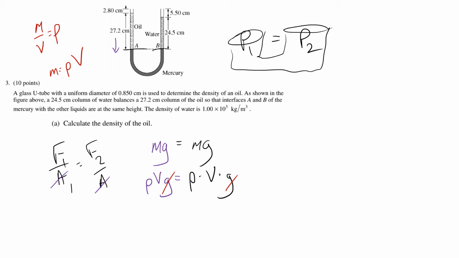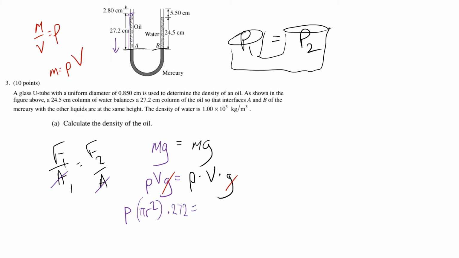So now we have volumes. So rho, which is what we're solving for, times the volume. This is a cylinder all the way down, so we're going to have pi r squared times h. The h is going to equal 0.272.